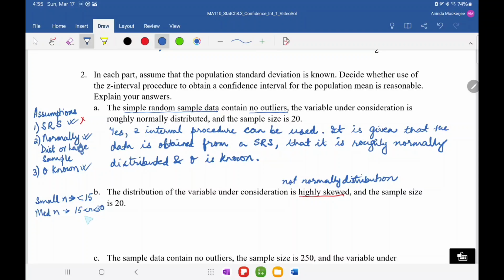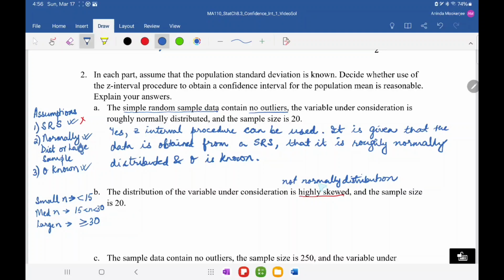And a large sample size would be a size greater than or equal to 30. Here the sample size is 20, so it falls under the medium category.